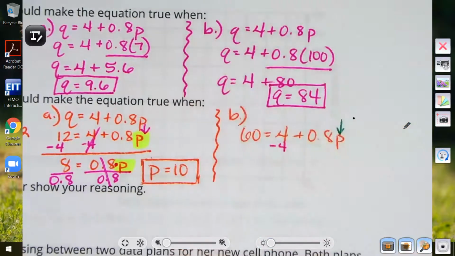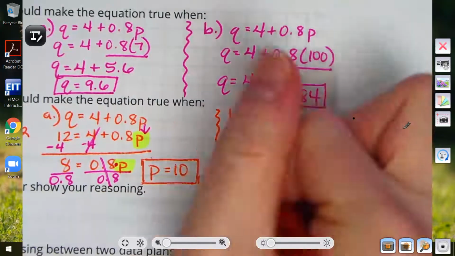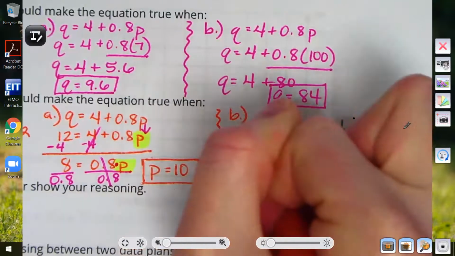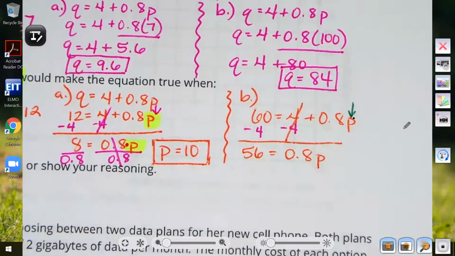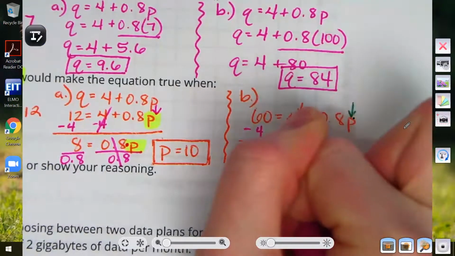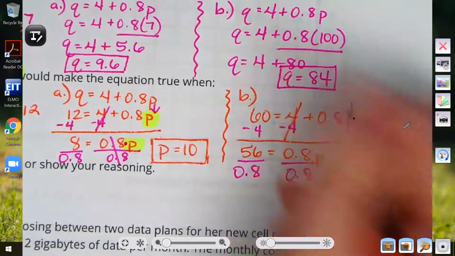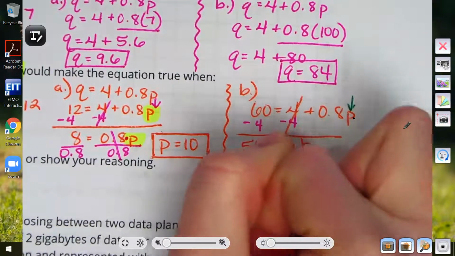Minus 4. I do it to one side, I do it to the other side. Those cancel. I have 56 equals 0.8P. Now what do I have to do? Divide by 0.8. Those cancel each other out, and P equals 70.